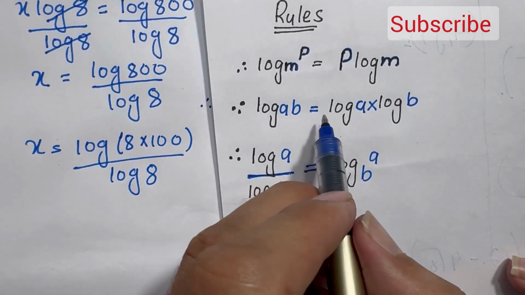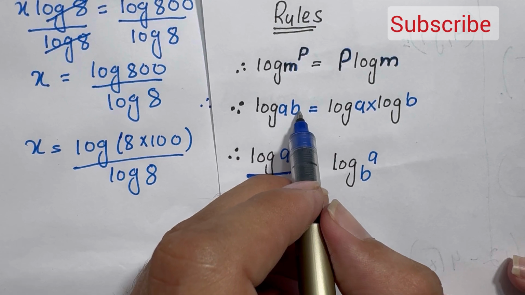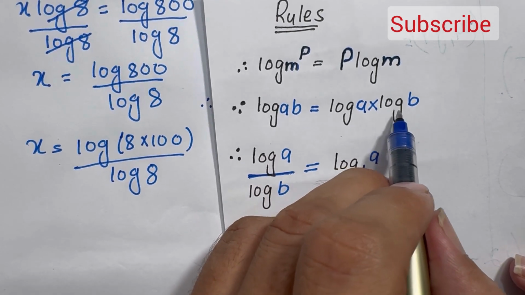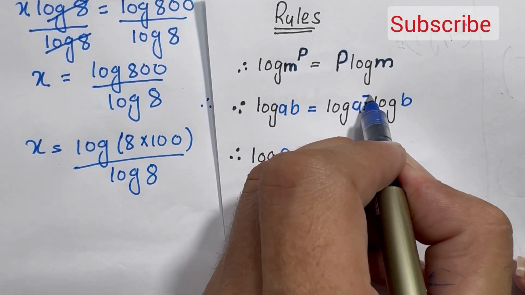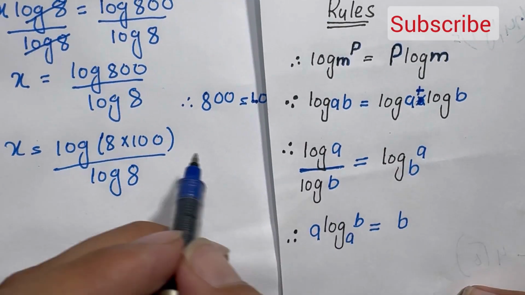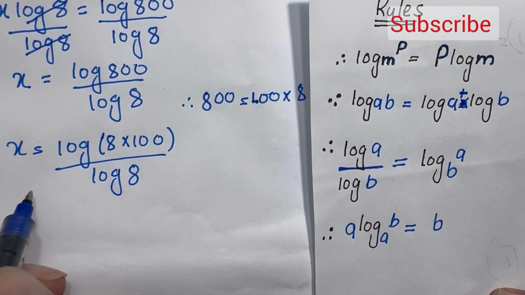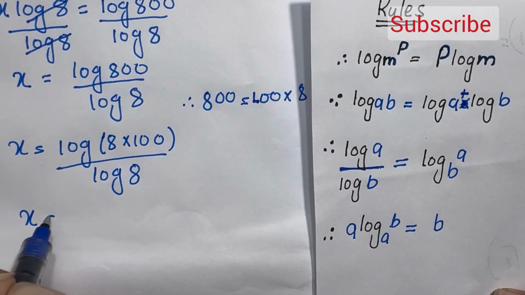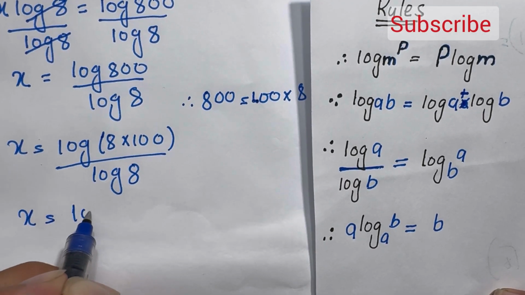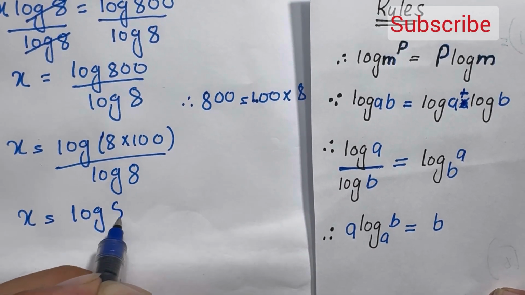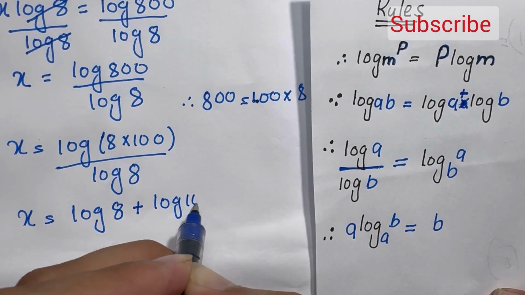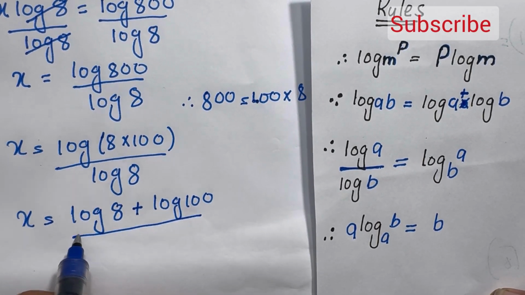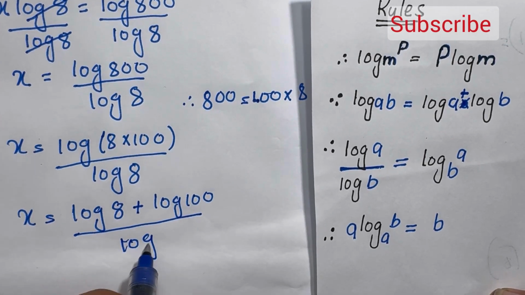By the logarithmic rule, log of a multiplied by b is log a plus log b, so this will become log 8 plus log 100 whole divided by log 8.